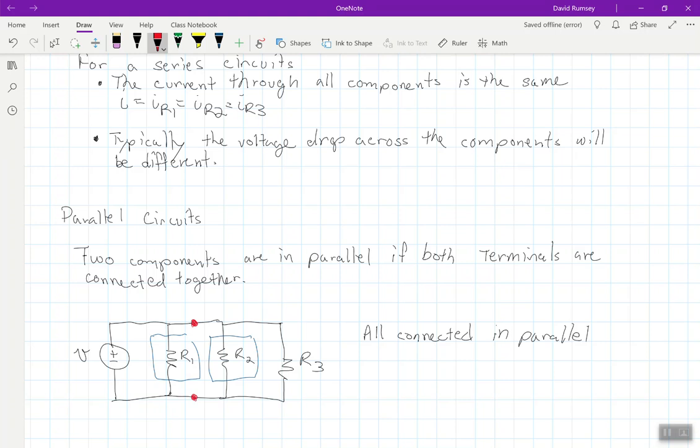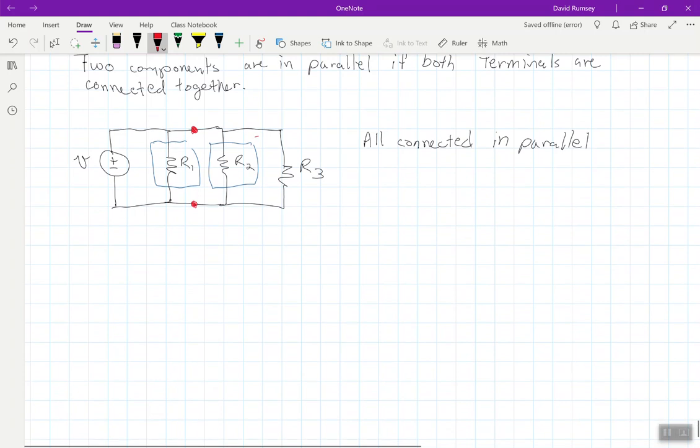And of course, because this top node is connecting all of the terminal 1s of all the components together, and this node here is connecting all of the terminal 2s together, all of these components are then connected in parallel. So these are all in parallel. Now there are some things that are important here to recognize as well.